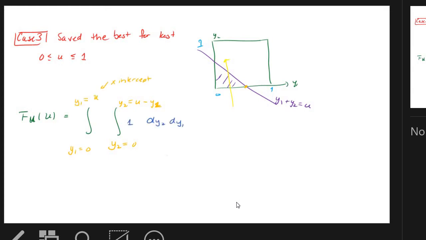Those intercepts, that's going to be y1 equals 0 to y1 equals u. That's the intercept of this equation right here. That point right here is y1 equals u, where it stops. And by the way, that's not given to you in the problem. You have to figure those things out.